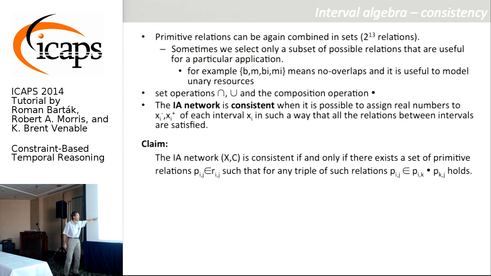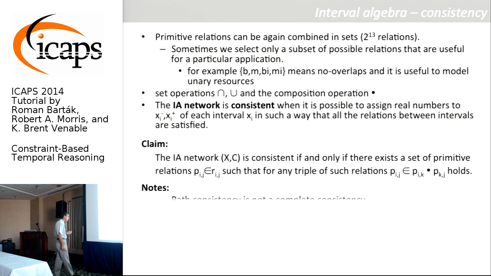And still this claim is true, meaning we don't need numbers to deduce consistency. We can select from each set of relations between 2 intervals exactly one. And if we select it and this relation holds, meaning this relation is still in the composition using a third interval, then the network is consistent.